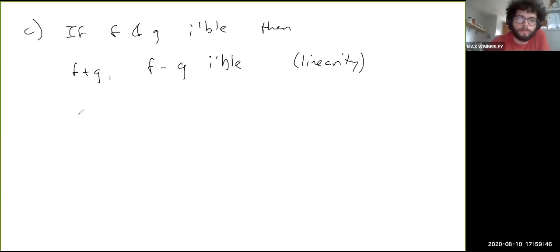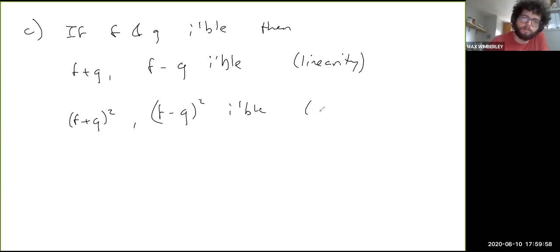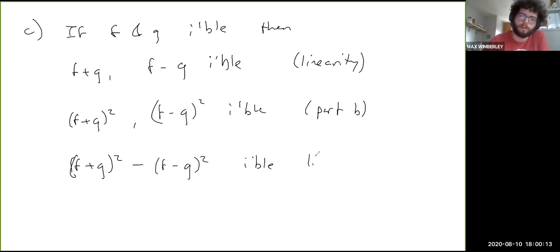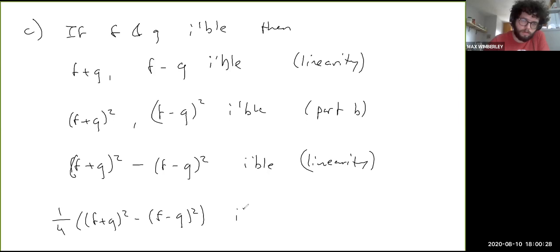Then f plus g squared and f minus g squared are integrable, from part B. Then you can add them together or subtract them, that's linearity again, and then you can divide by 4, again by linearity. And this is just fg. So there you go.